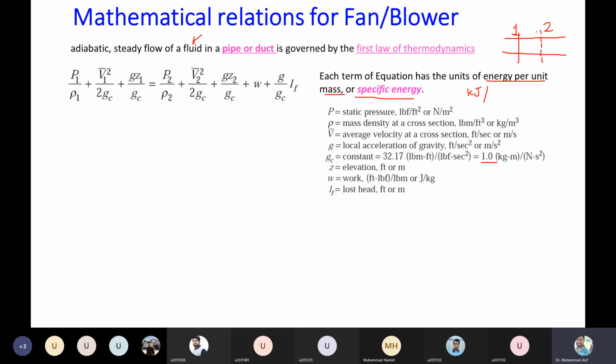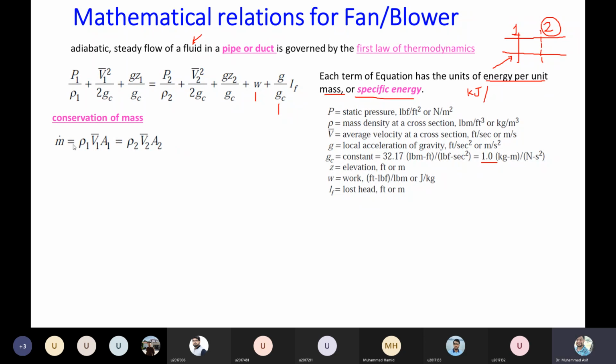That's the conservation principle, that the energy remains the same, right? At cross section two, some of the energy may be lost, or you can have work input from the outside through the electric motor that drives the fan. That's why these two terms are added at cross section 2, because at the outlet you have the work input from the motor as well as the friction effect, right?